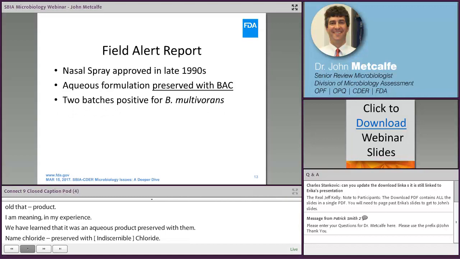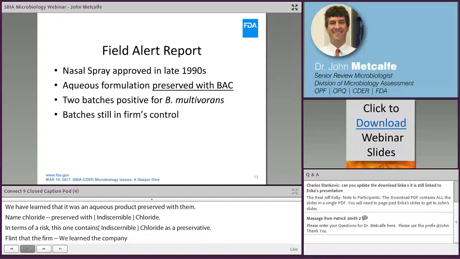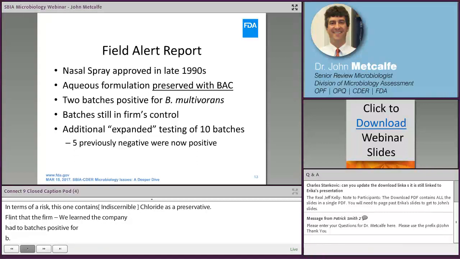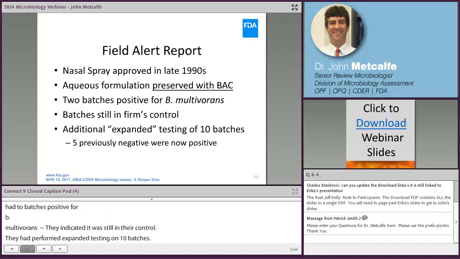We also learned that the company determined they had 2 batches that were positive for Burkholderia multivorans. The FAR indicated that these 2 batches were still in their control. That's good news to us. The FAR also indicated that they had performed expanded testing on 10 batches. I put expanded testing in quotes because the nature of how they did that testing was not made known to us in the field alert report.